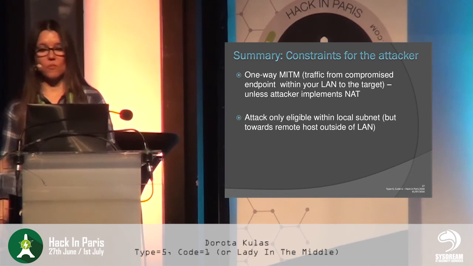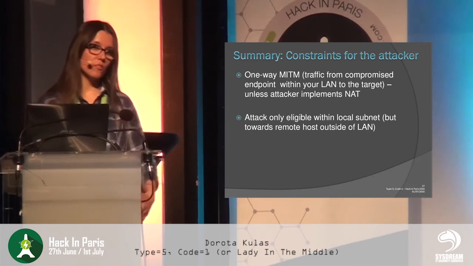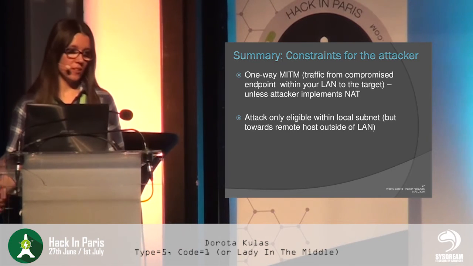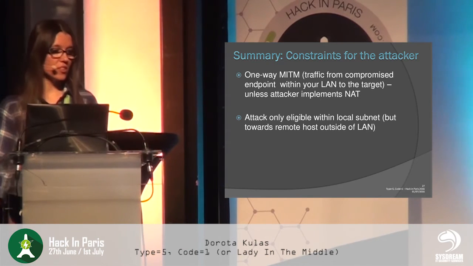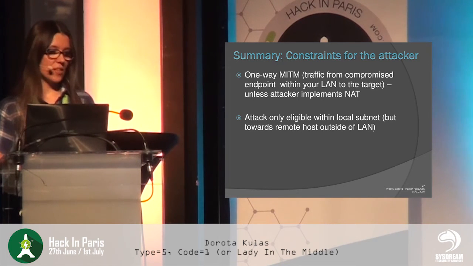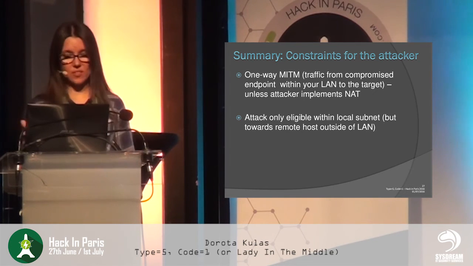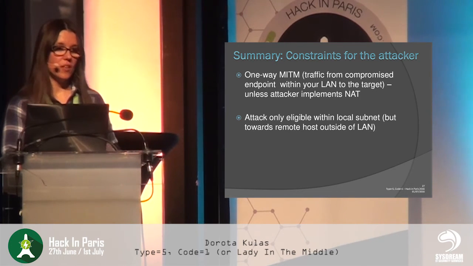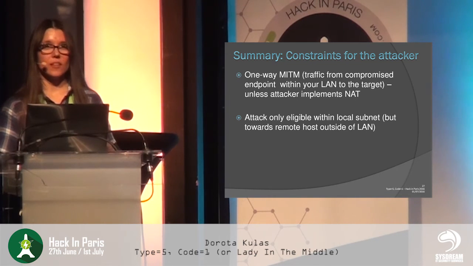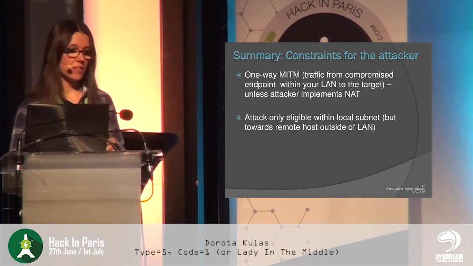Constraints. So this is one-way man in the middle, but you can overcome that by doing network address translation. And you have to be, as an attacker, on the same subnet as your victim. But it's towards the remote host, and in comparison with ARP spoofing, first you just send 2 packets instead of constantly poisoning the ARP table.